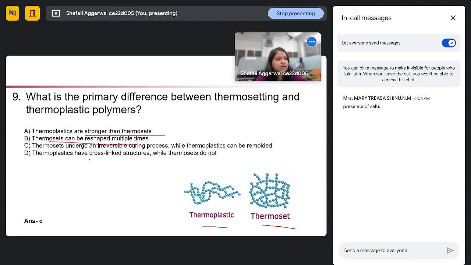And thermoplastic doesn't have a cross-linked structure; thermoset does. So the option is C, which is the correct answer: thermoset undergo irreversible curing, whereas thermoplastic can be remolded. So thermoplastic can be melted and converted into some other object. Normally plastics can be recycled by melting. So that is remolding.